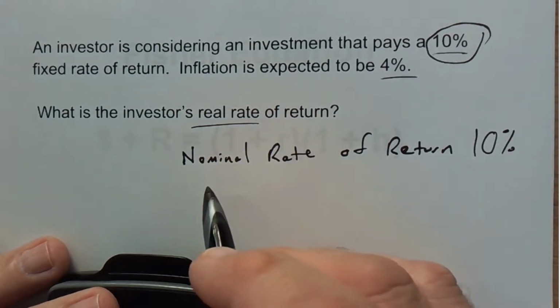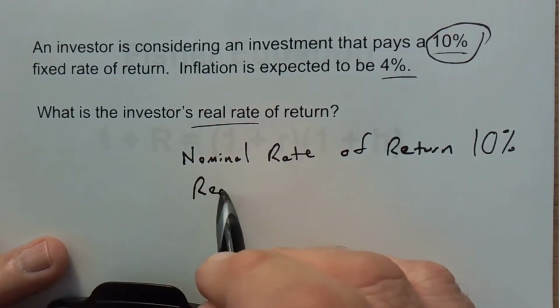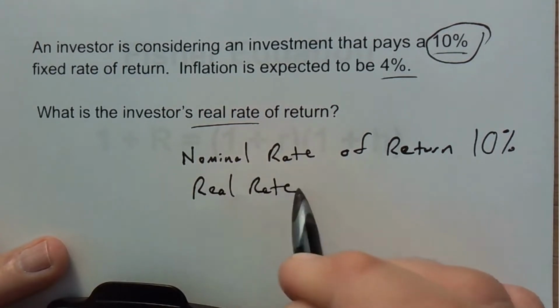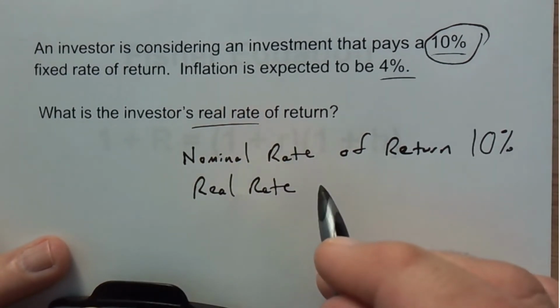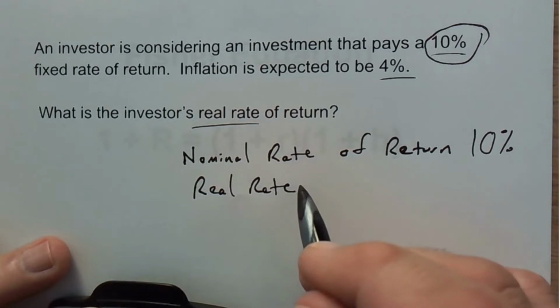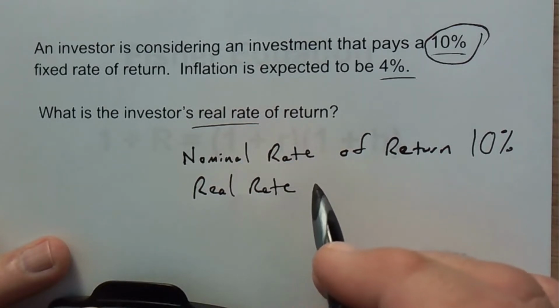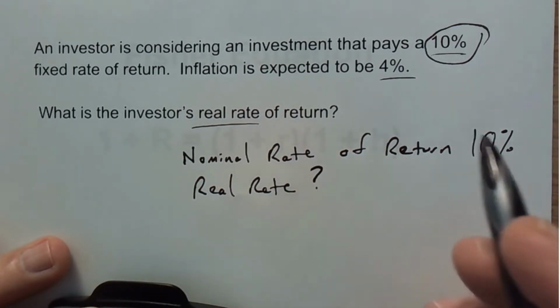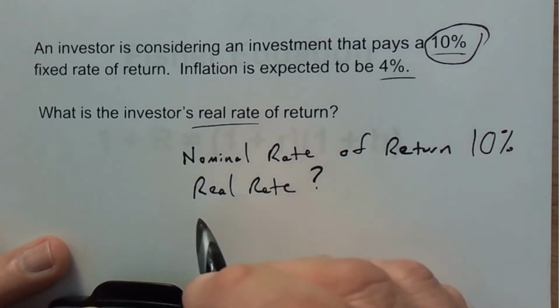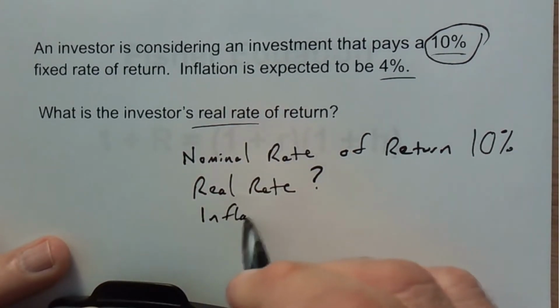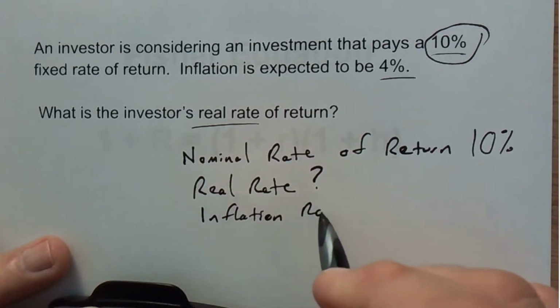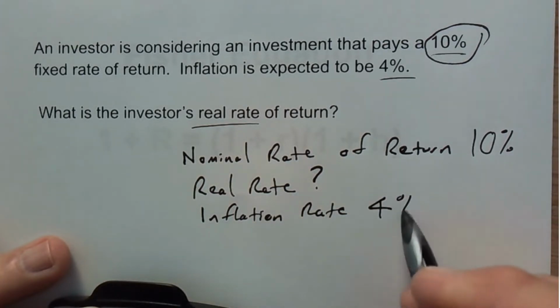And then we've got our real rate. That is the rate that the investment is earning once you take into account inflation. That is what we're going to figure out, so we don't know that right now. And our inflation rate, in this case, is 4%.